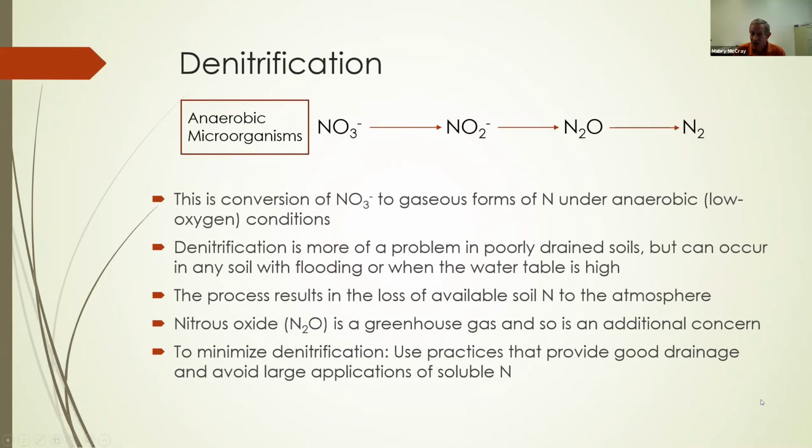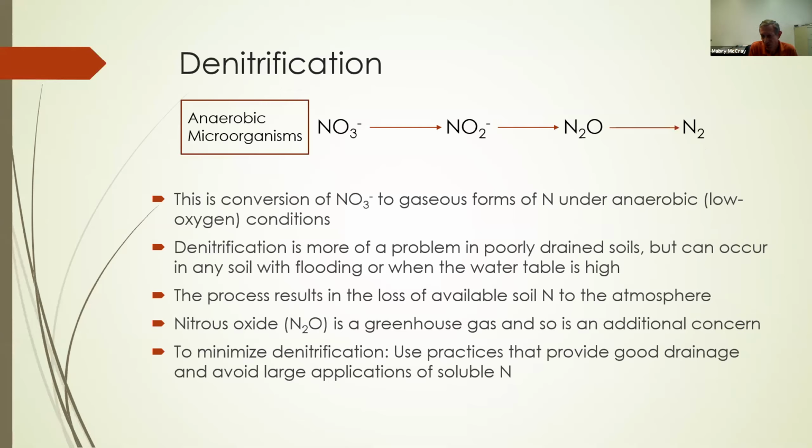Denitrification then is a potential loss of nitrogen in the gaseous form, either as nitrous oxide, N2O, or as nitrogen gas. Denitrification is more of a problem in poorly drained soils, but can occur in any soil with flooding or when the water table is high. So this is a problem when you're in wet conditions, when the soil is anaerobic.